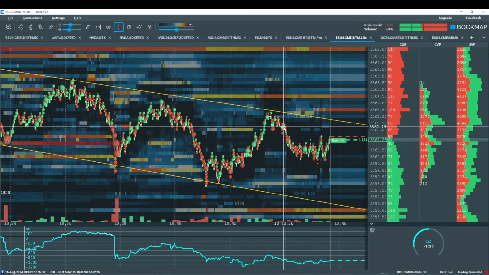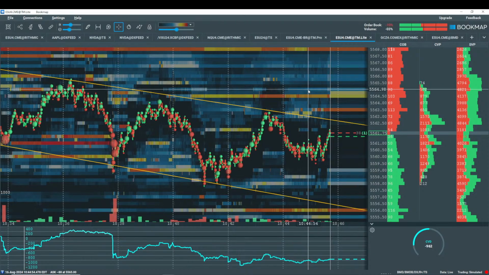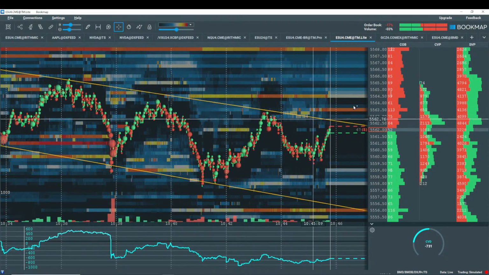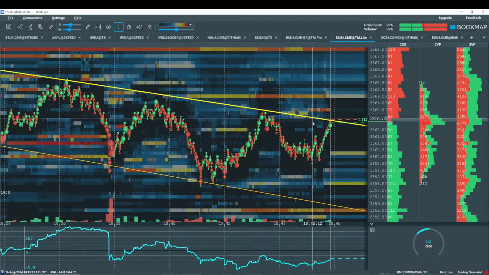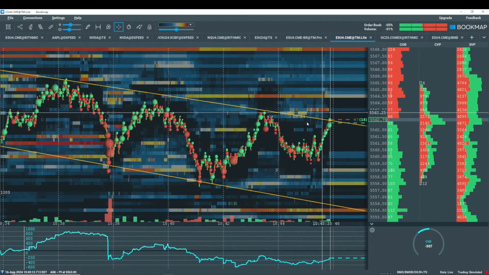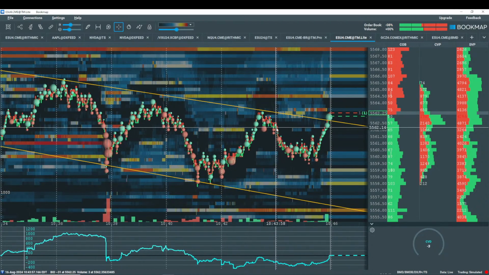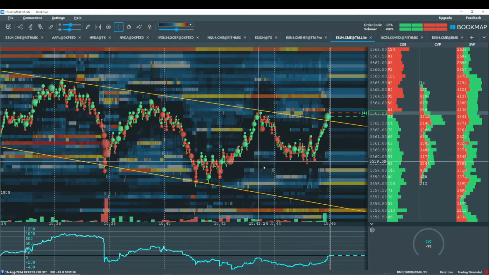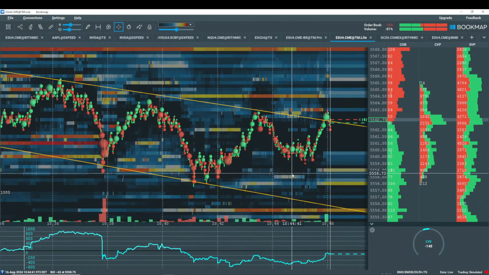If it doesn't work, take the scratch, take the loss, look for the next one. It doesn't always work. We don't know. Someone could disrupt this immediately, right? So this would have been a scratch here, or maybe we took some off in here, but I was really looking for the 58 and a half down here, because we're going with that trend.